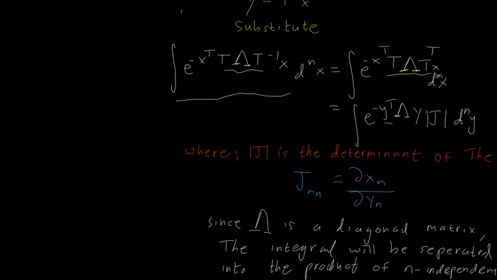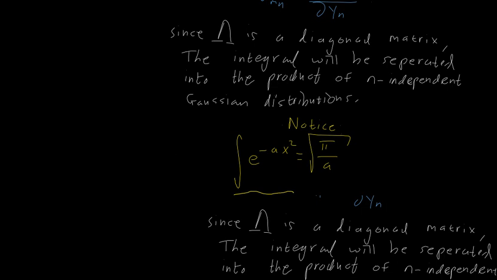Now, another thing I want you to notice, since lambda, capital lambda, is a diagonal matrix, the integral will be separated into a product of n independent Gaussian integrals. Okay, so this is a Gaussian integral. Okay, the integral of e to the negative a x squared is always equal to root pi over a, where a is a constant in the exponent. All right.